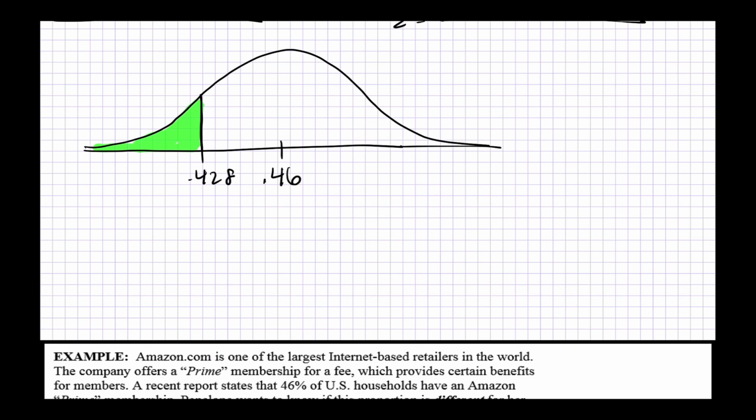Well, the other tail comes from the same distance. So what we have to do is figure out what's the distance here? So we go 0.46 minus 0.428, and you get 0.032. So then we have to add 0.032 here, and what do we get?